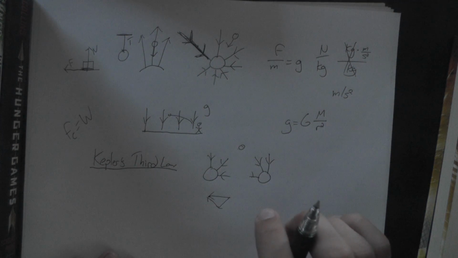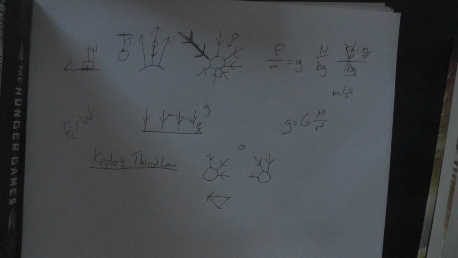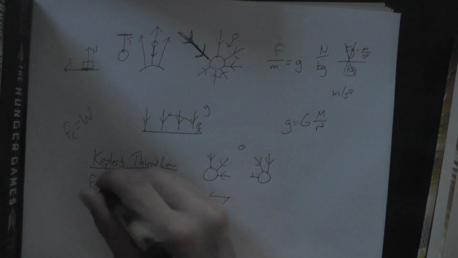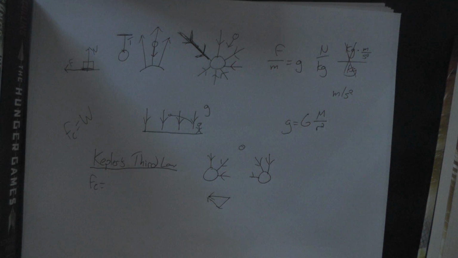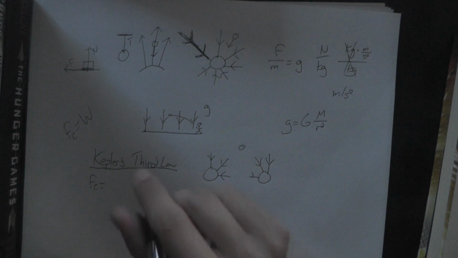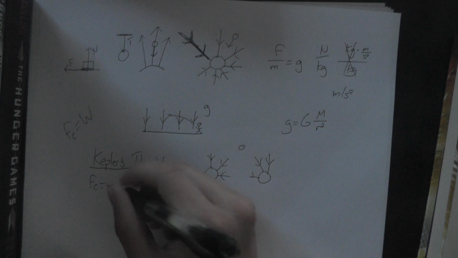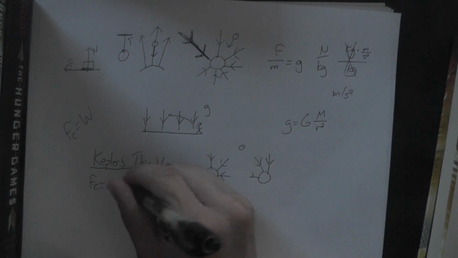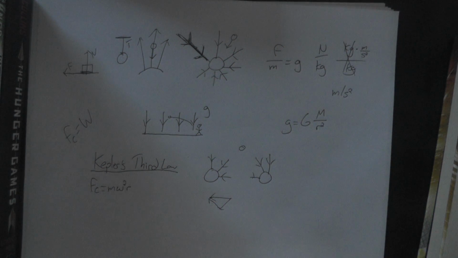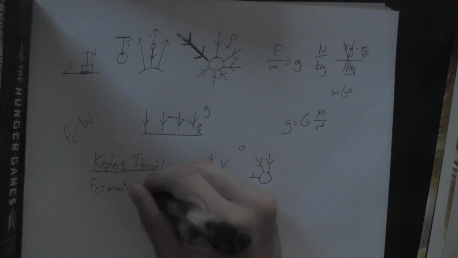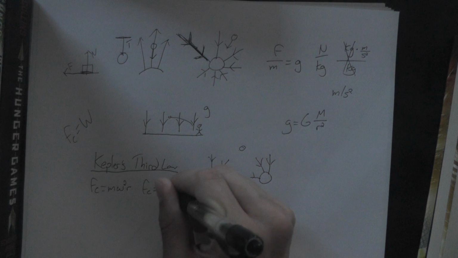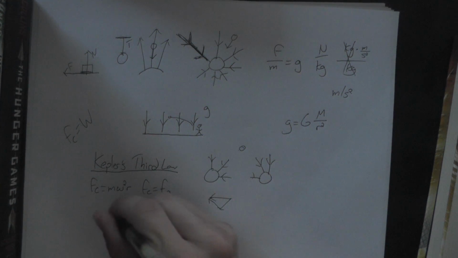So we know that our centripetal force, the formula for that centripetal force, is going to end up equaling our mass times our angular velocity squared times our radius. And since we know that our weight in this case is our centripetal force, the force of gravity, then we can equate these two equations.